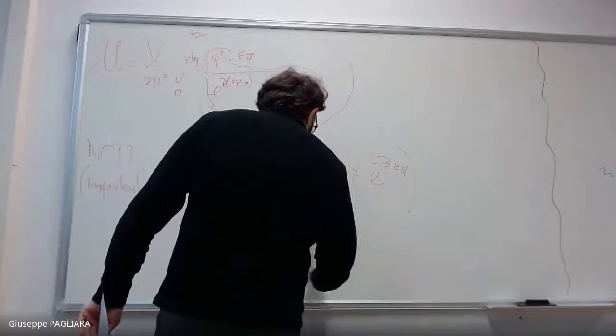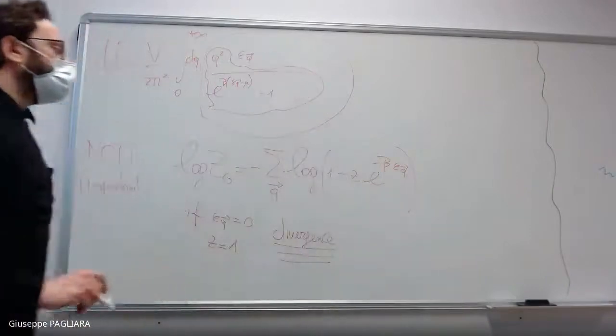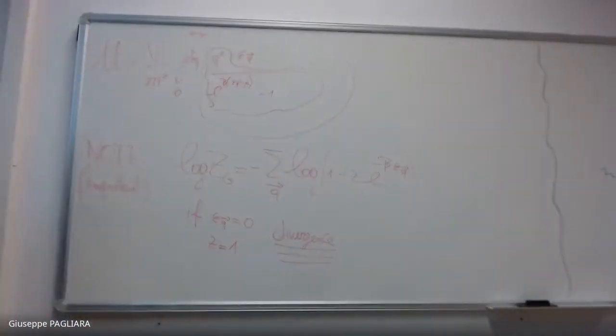You will see that this divergence is a pathology that comes from the fact that we are passing from the discrete to the continuum in a way that is not very careful, and actually there's no divergence in a real system.